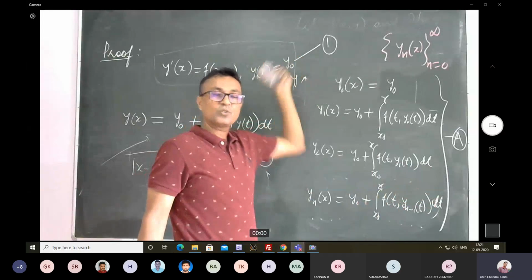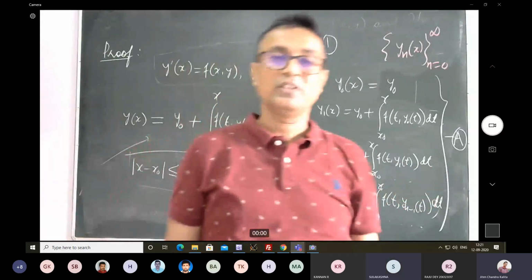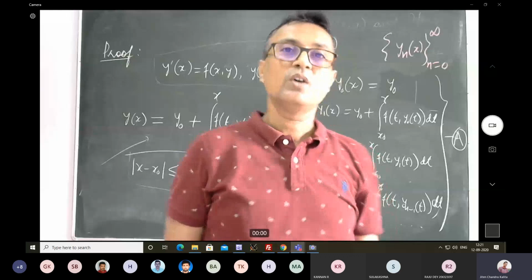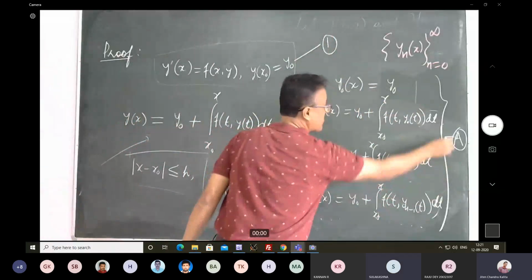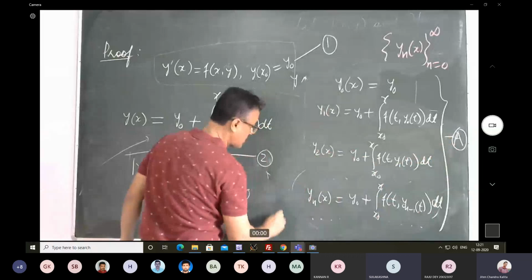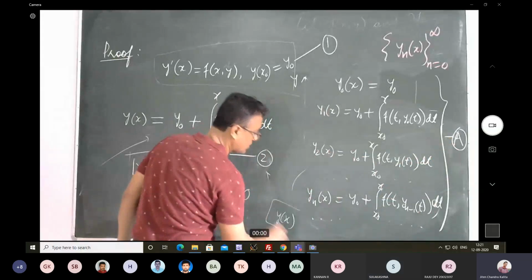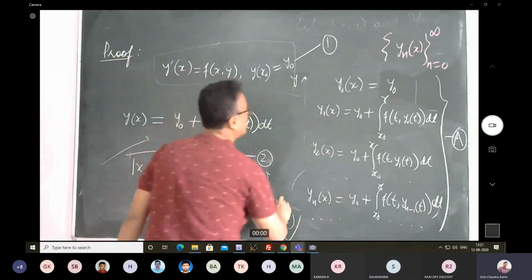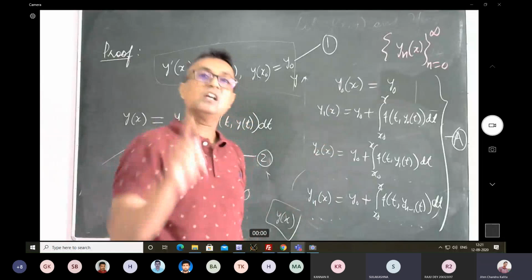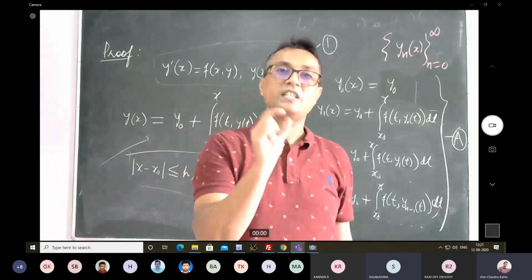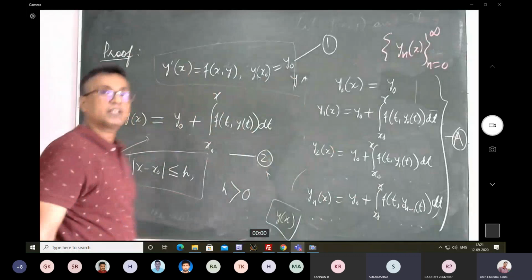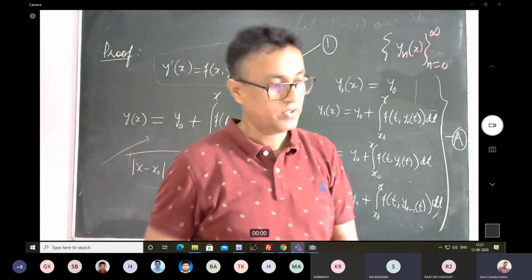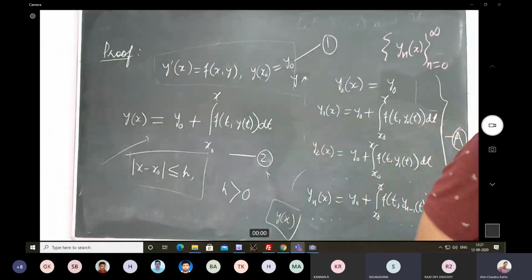That is what we are going to do. We are going to prove that the sequence given by A converges to a continuous function y(x) in the given rectangle R, which contains the interval given by |x - x_0| ≤ h.